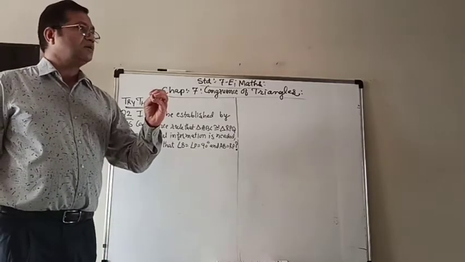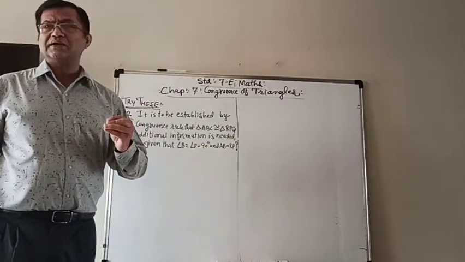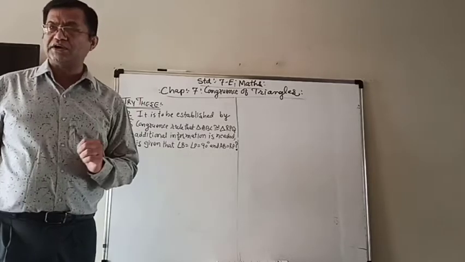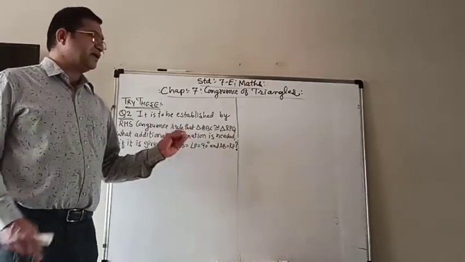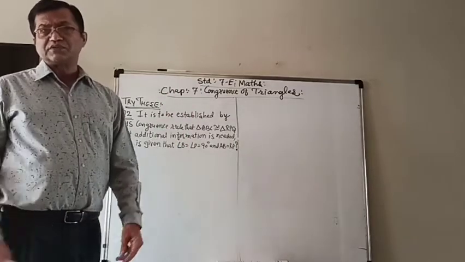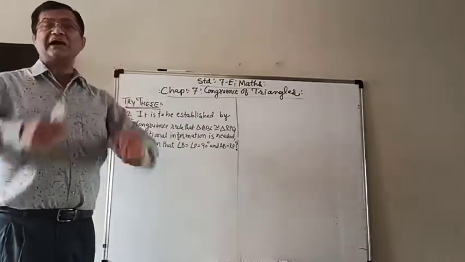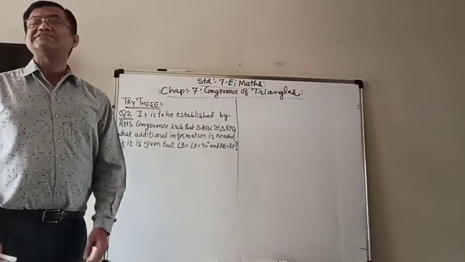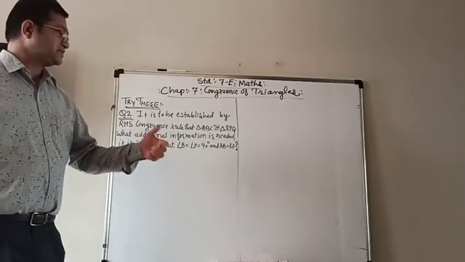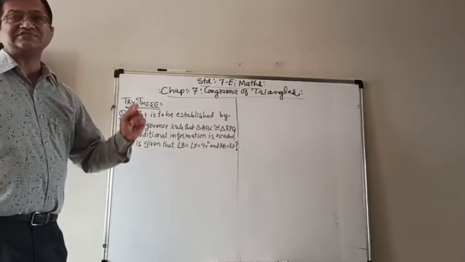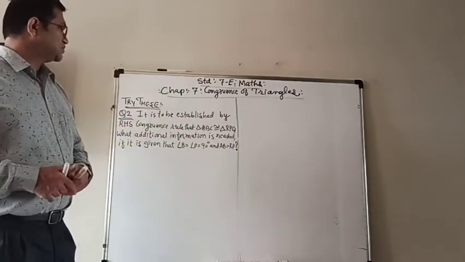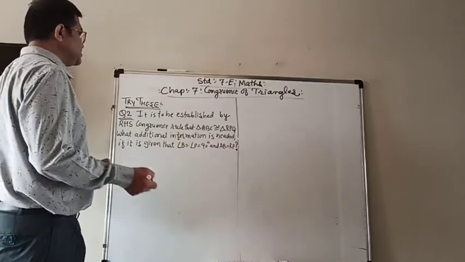It will be easier if you draw a rough figure and mention whatever is given in it. Then by applying the RHS rule, you can easily find out which extra information is needed so that we can establish this congruence by the RHS rule.